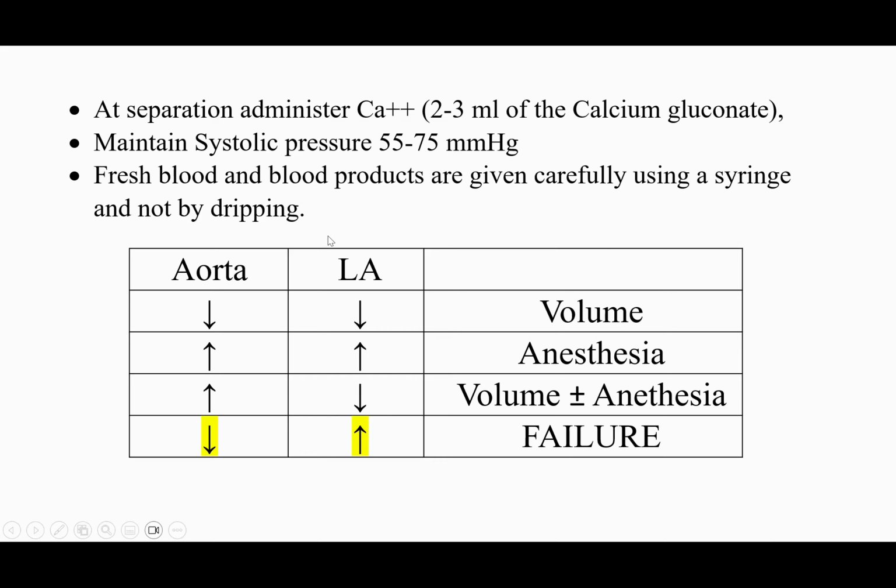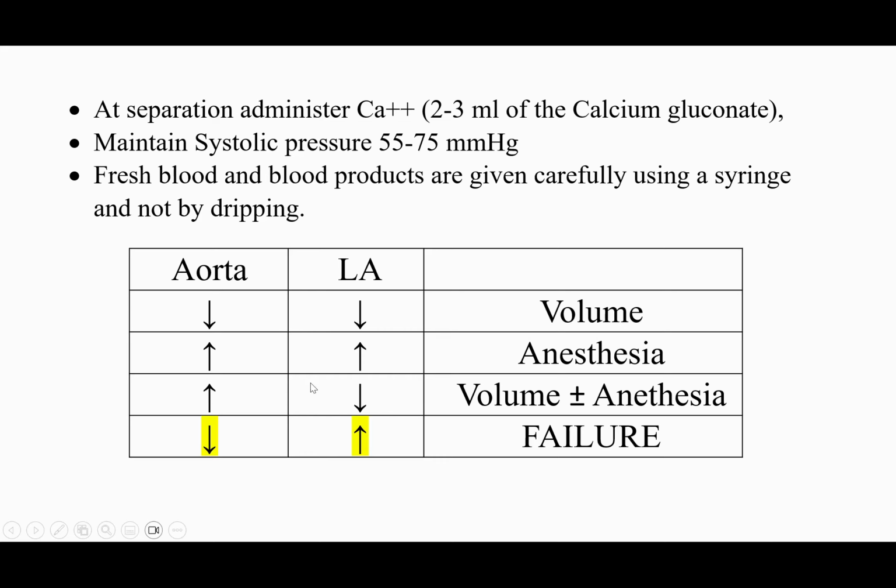So we have two transducers, one for the femoral artery and one for the LA line, and we monitor them carefully and vigilantly. When both fall, which is what happens throughout the hemostasis period, we give blood till they go back to normal.